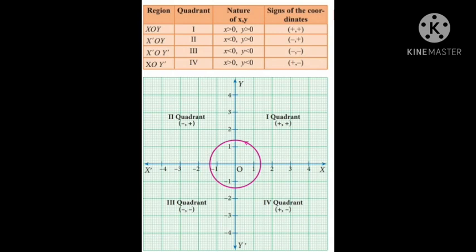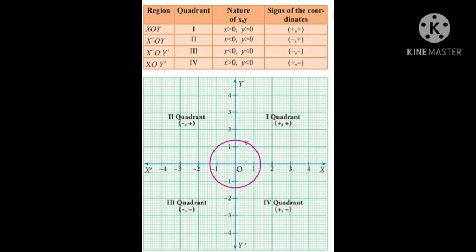If x is negative and y is positive, that is plotted in the second quadrant. If both are negative values, that is plotted in the third quadrant. If x is positive and y is negative, that is plotted in the fourth quadrant. The quadrants must be taken anti-clockwise only.